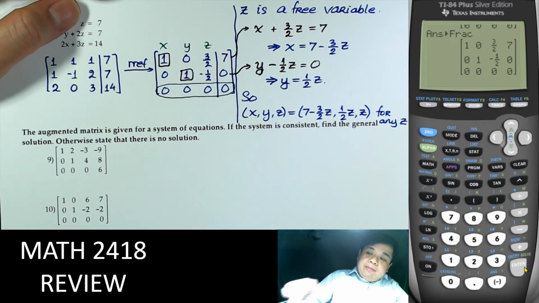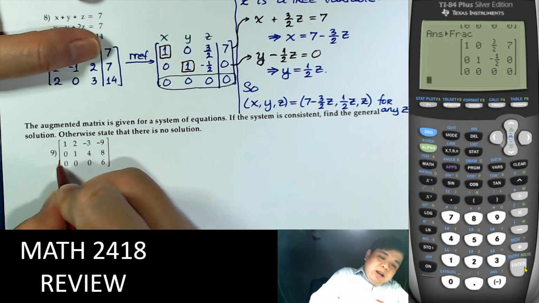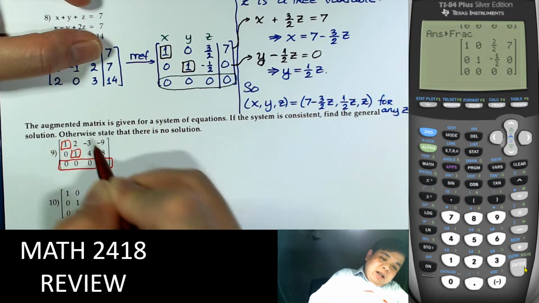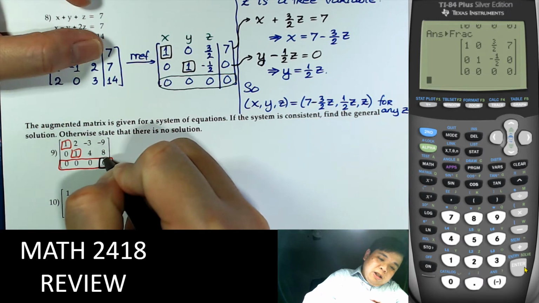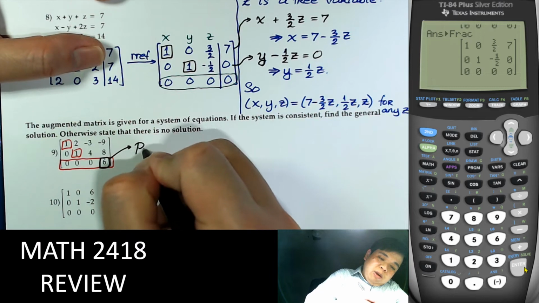Right, 9, 10. So this is kind of like what we did before. We have this row and the pivot here and here. The pivot on the last column. So we say pivot on the last column.